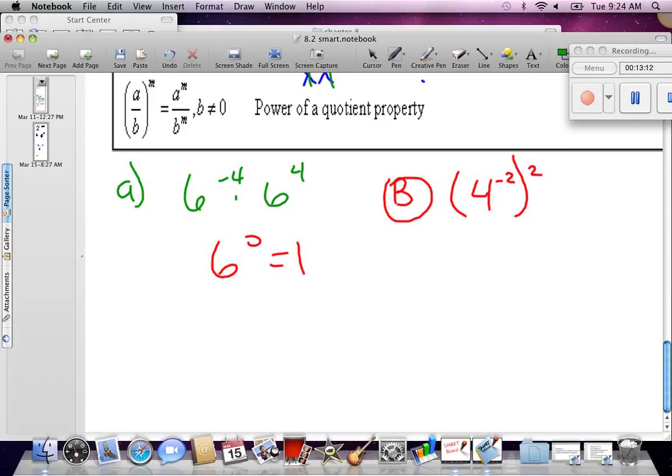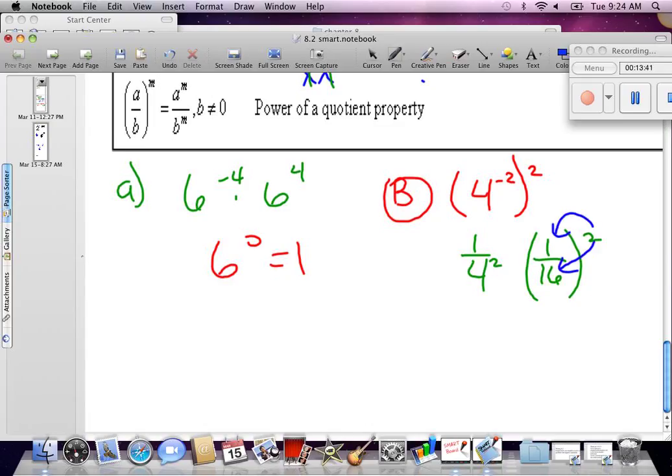Whenever you see a negative exponent, we flip it. So instead of 4 over 1, it would be 1 over 4 squared, right? What is 4 squared? 16, right? But it's 1/16 because we have to keep that top. Now we took care of what was in parentheses, and we can take it to the second power. You have to do what's in parentheses first, get rid of the negative, and then take it to whatever power. So now we just distribute our 2.